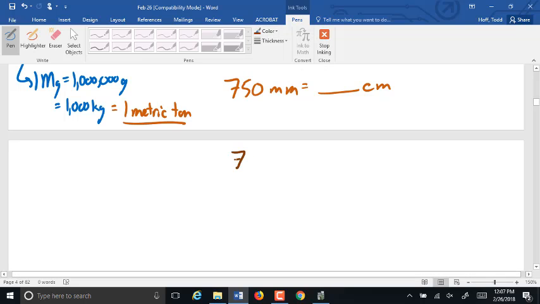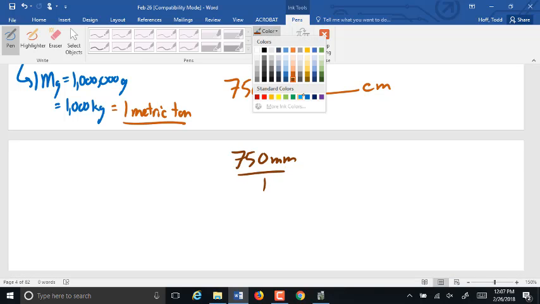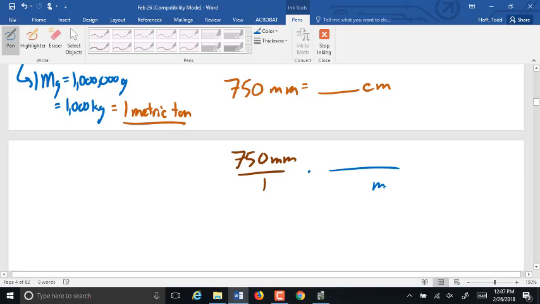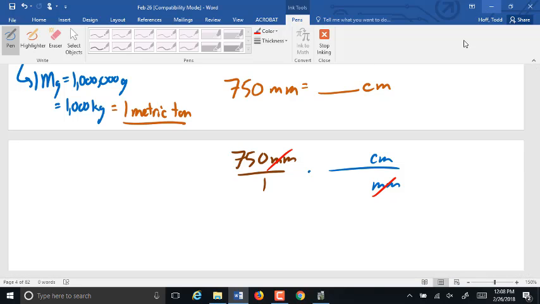We have 750 millimeters. We'll put that over 1. And yes, we are getting rid of millimeters and going to centimeters. So our millimeters will cancel out. We need some equivalency between centimeters and millimeters. And we are going to go back in terms of that main unit.